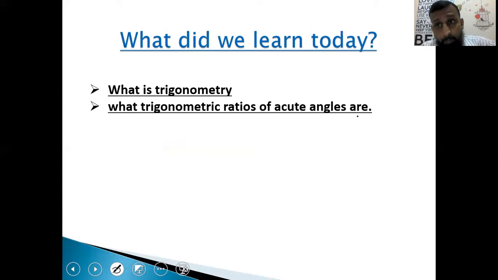We have learned about trigonometry. What it is, trigonometry is the study about triangles, studying about the three sides and the three angles of right angle triangles. So what are trigonometrical ratios? Trigonometrical ratios are sin, cos, tan. The big words are sine, cosine, and tangent. What are these? These are the ratios of the sides of right angle triangles.